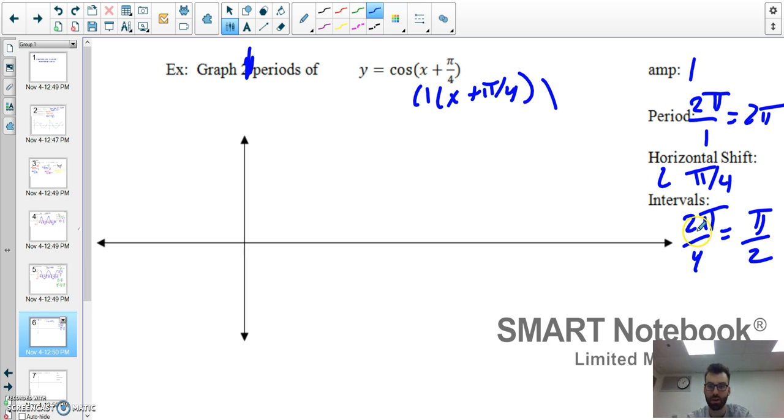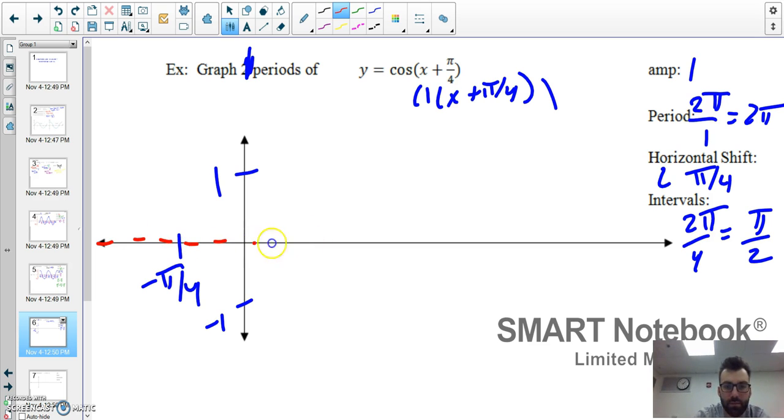Okay. So, having said that, if we start to the left, pi over 4, I'm at negative pi over 4. My amplitude was 1, negative 1. Midline stays the same.